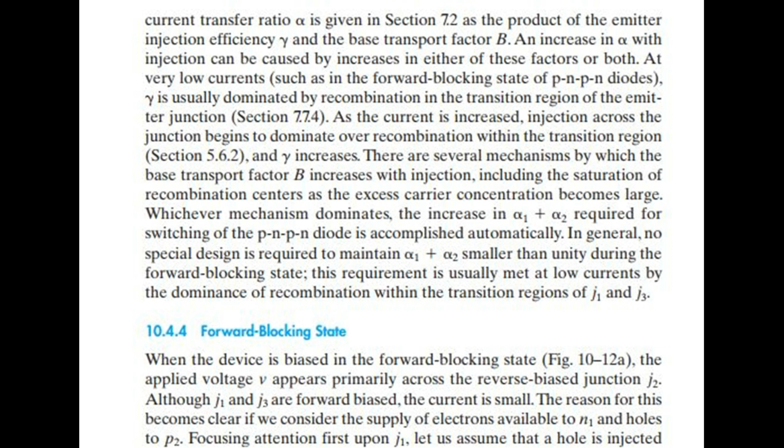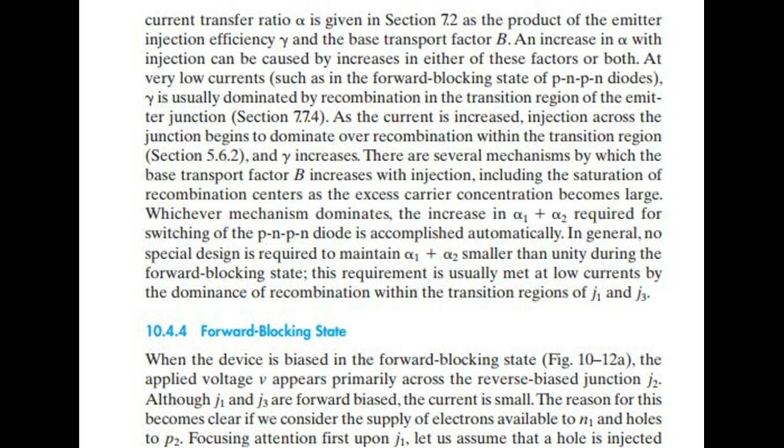There are several mechanisms by which the base transport factor B increases with injection, including the saturation of recombination centers as the excess carrier concentration becomes large. Whichever mechanism dominates, the increase in α1 plus α2 required for switching of the PNPN diode is accomplished automatically. In general, no special design is required to maintain α1 plus α2 smaller than unity during the forward blocking state.